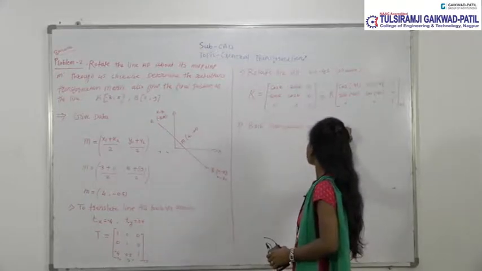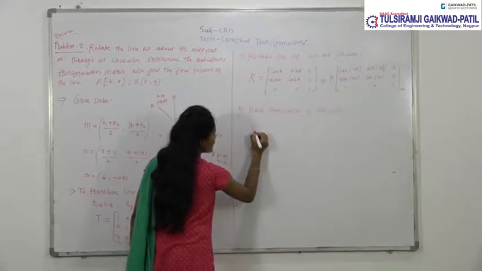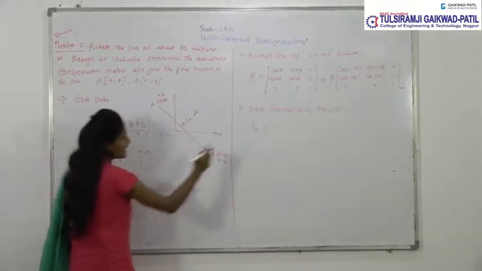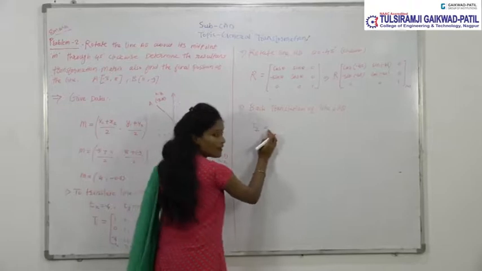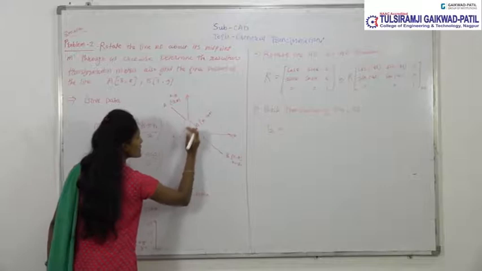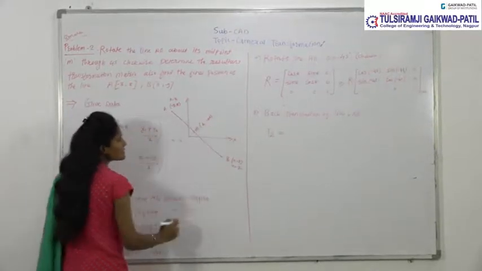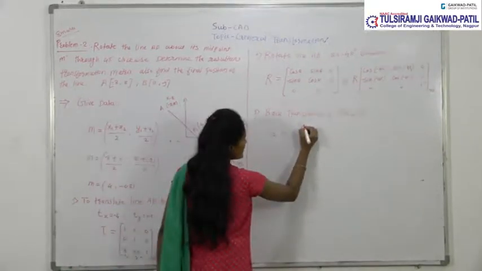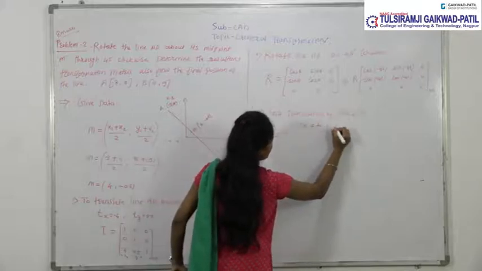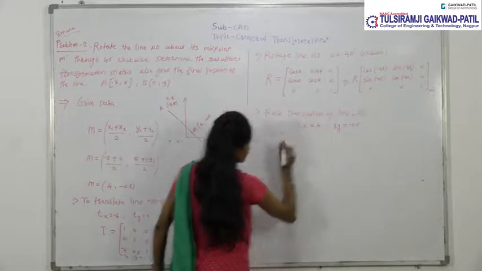Back translation of line AB means here we are doing a second translation. So write it as T2. This is the first translation and this is the second translation, that is the back translation. If we are doing a back translation, from origin towards the midpoint, we have to take Tx as it is, that is the value of Tx is 4, and Ty as it is, that is the value of Ty is minus 0.5.